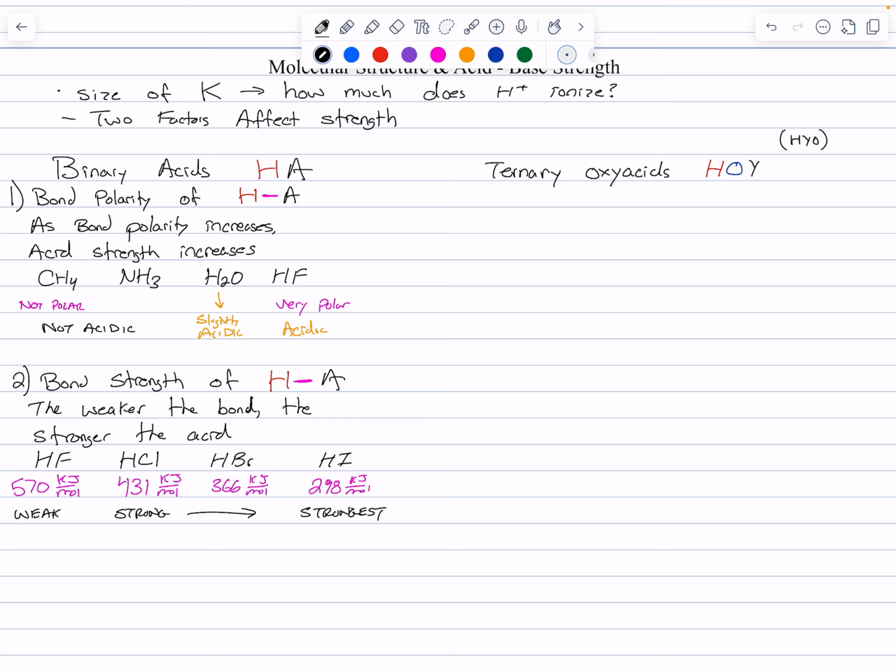Okay? Ternary oxyacids. All right? And I'm going to switch to blue to write this so you can clearly see the difference. The first factor, right, would be the electronegativity of Y, the central atom.